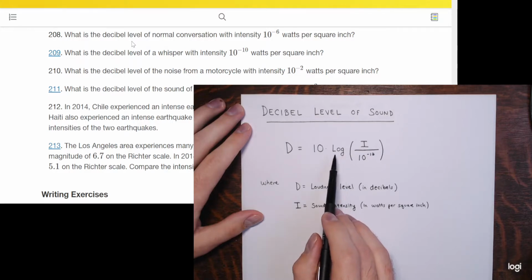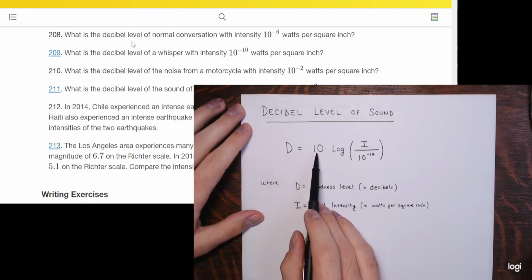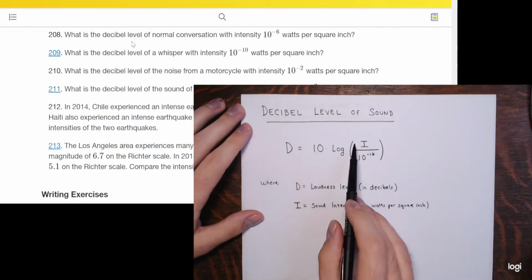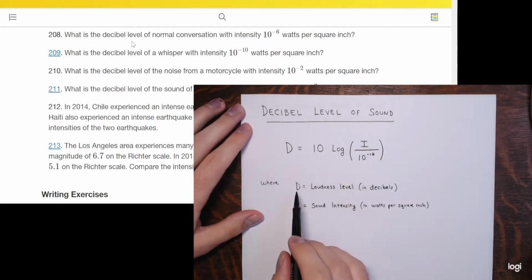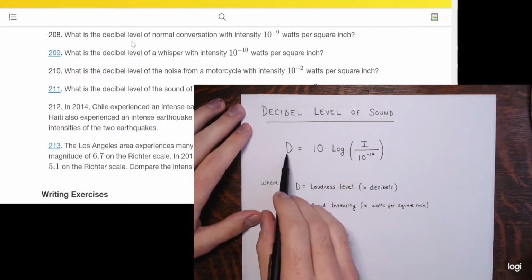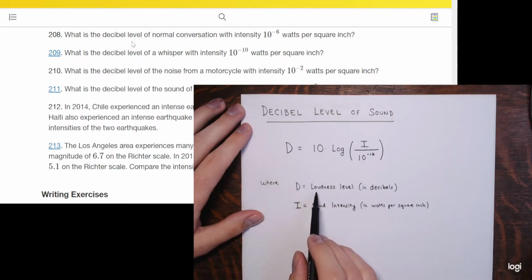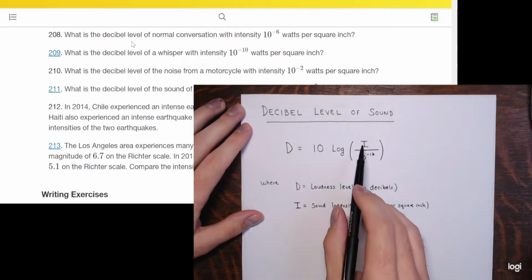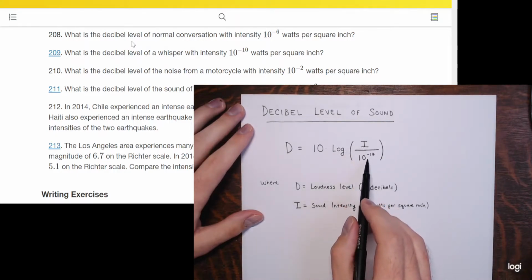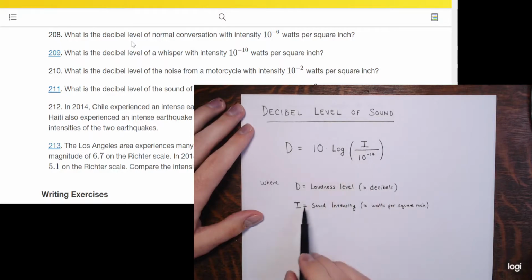So D equals 10 times the logarithm of I divided by 10 to the negative 12th power, where D on the left side of the equation represents the loudness level in decibels, and I, inside the logarithm with this 10 to the negative 12th power, represents the intensity of the sound measured in watts per square inch.